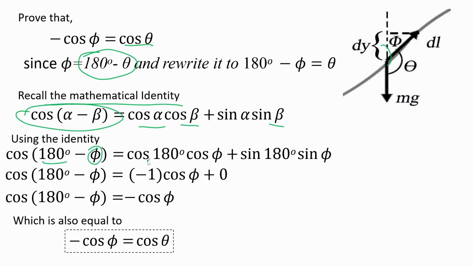You get cosine 180 cosine phi plus sine 180 sine phi. Sine 180 gives you 0, and cosine 180 gives you negative 1. So you are left with this function, and we have proven that negative cosine phi is equal to cosine theta.